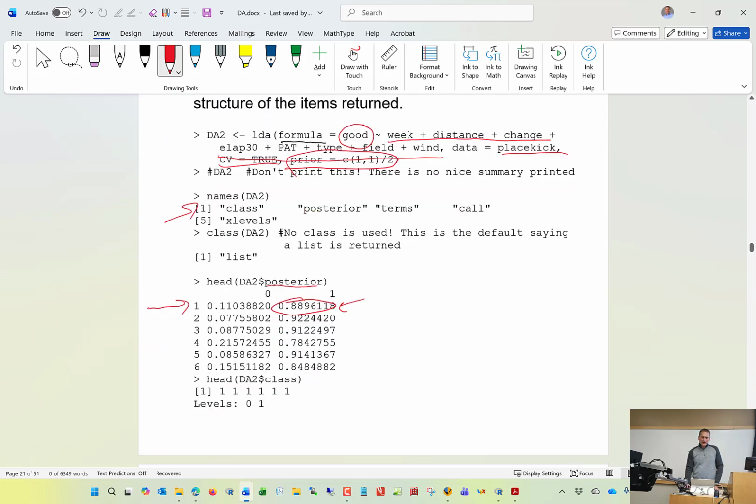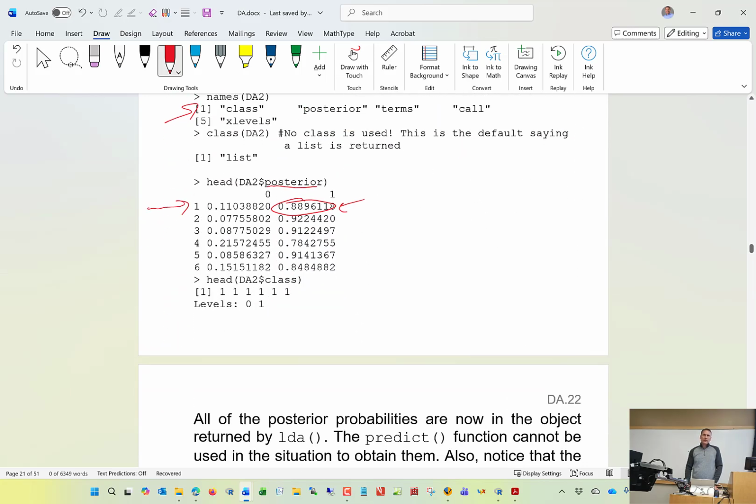Why, in the end, do you think that they're so similar? So observation 1 was not being used here to predict what the posterior probability was, or to estimate it. The sample size is so large that whether that particular observation is in the data set or not is going to have a very small role.